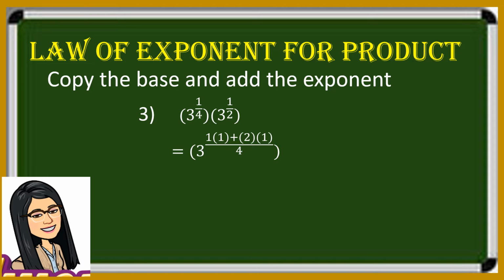While 4 divided by 2 is 2 times 1 is 2. So it is simplified into 3 raised to 1 plus 2 over 4. And 1 plus 2 is 3. So we will get 3 raised to 3/4. Can you follow?